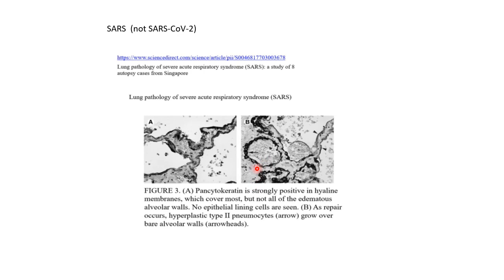And in slice B, as the repair occurs, hyperplastic type 2 pneumocytes grow over bare alveolar walls. So these are walls from which the type 2 pneumocytes and type 1 pneumocytes have been shredded, taken off. Now there are type 2 pneumocytes coming over to grow over that wall.